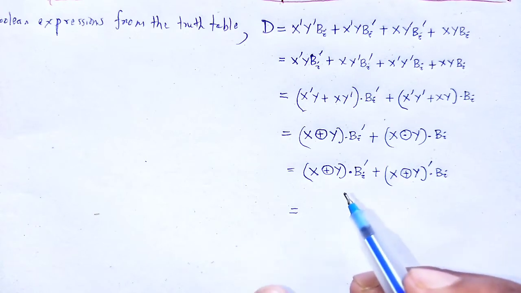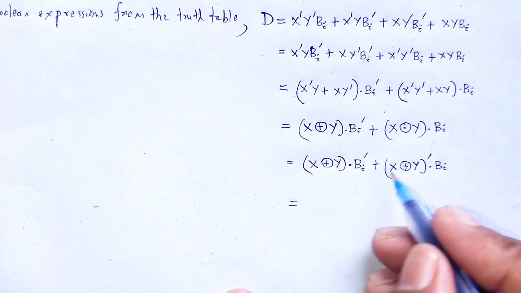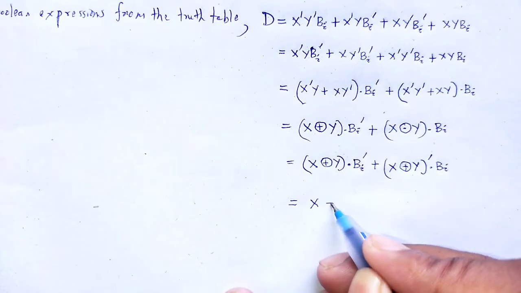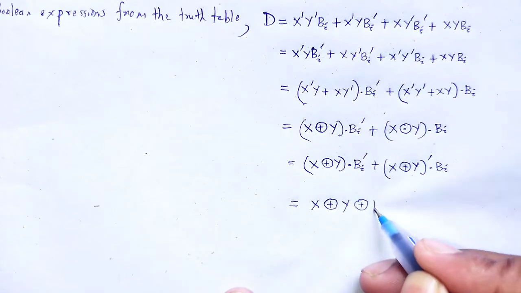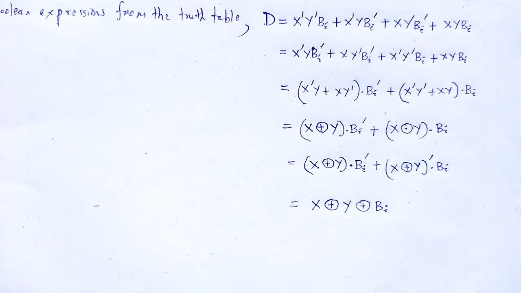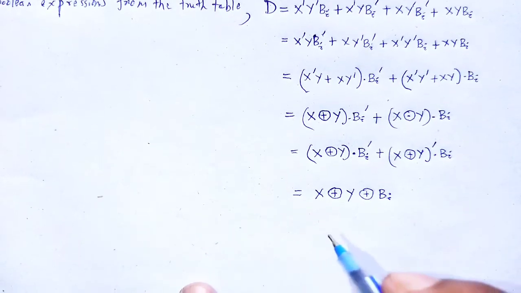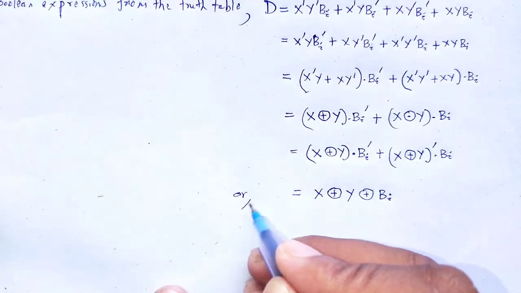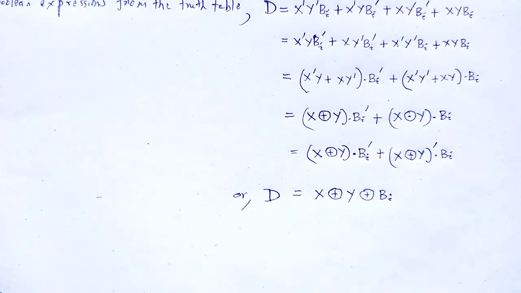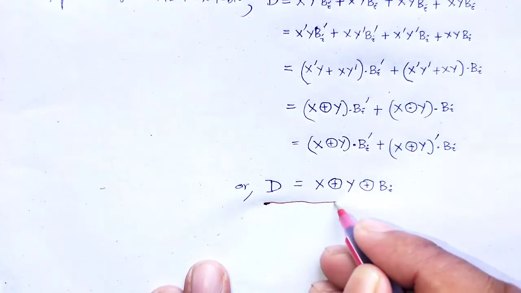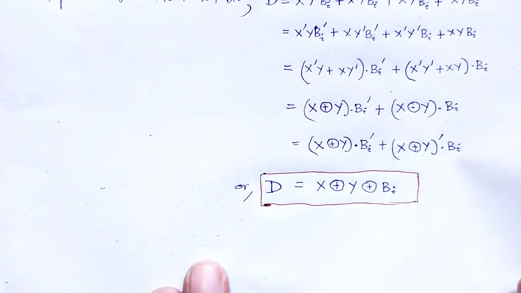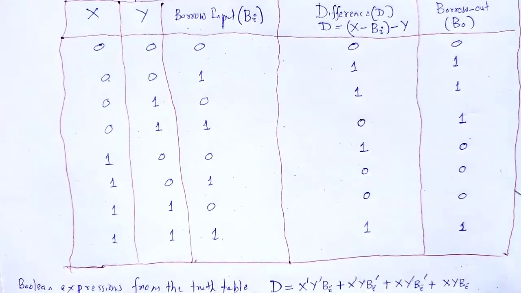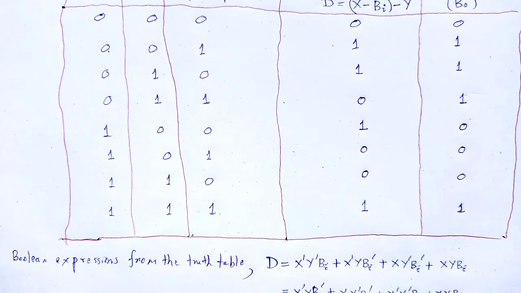Use the definition of XOR gate, so that is x XOR y XOR bi. Therefore we have D, the difference, is equal to that one.